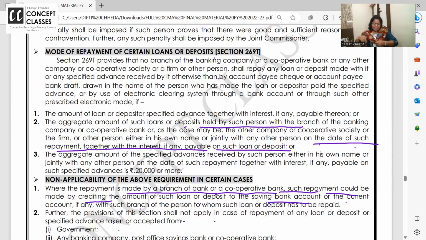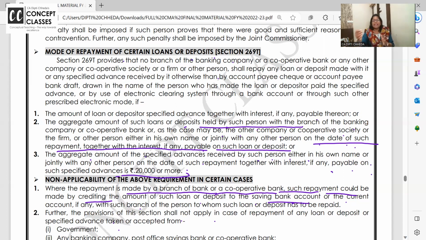So the aggregate amount of advances received by such person, either in his own name or spouse, on the date of repayment, held with interest if any payable, is 20,000 or more. So while repayment, it's not that you are repaying above 20,000.